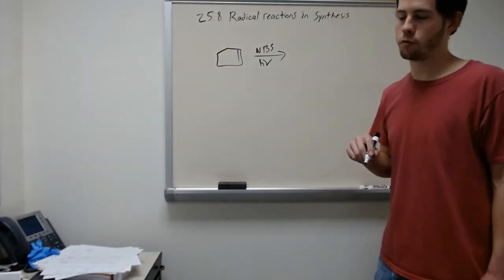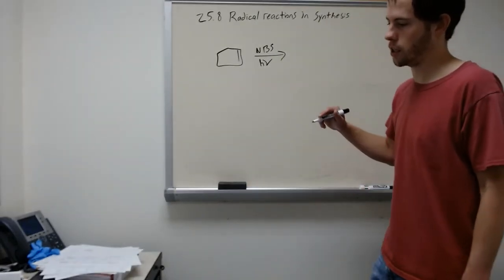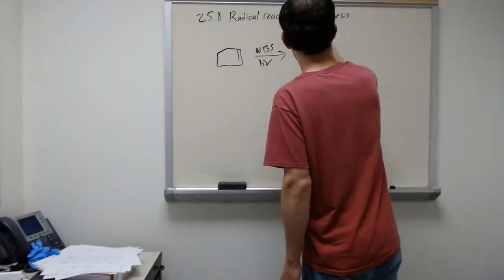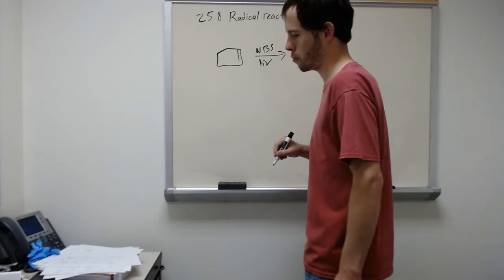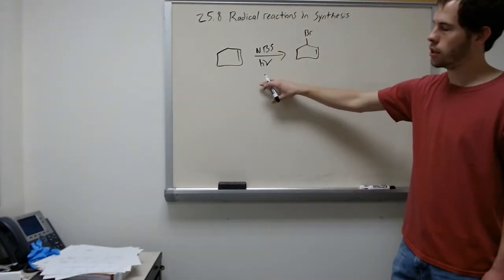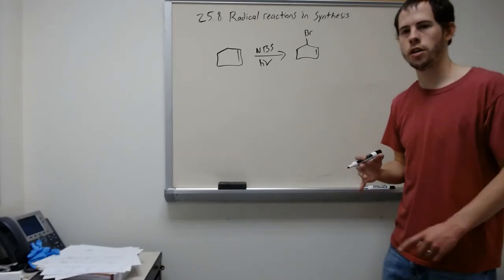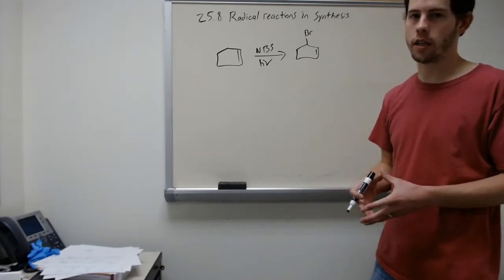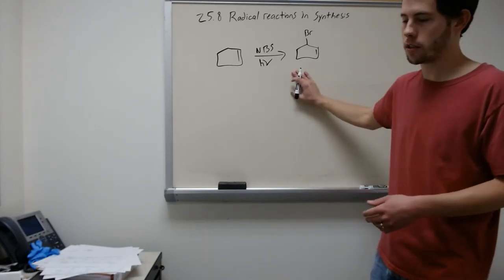And we can get radical bromination at the allylic position. So remember, if we use NBS, it does not react with the alkene, but it can go to the allylic position, the benzylic position, or something like that. And so this is useful in synthesis.